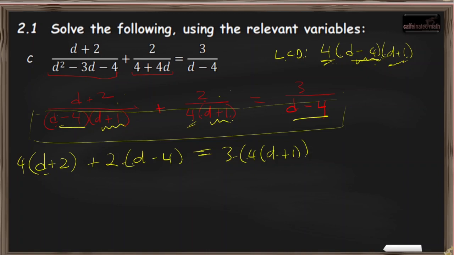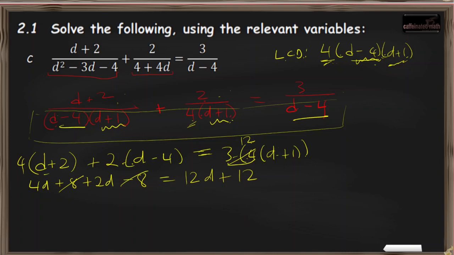Now it's a case of just simplifying, so we'll have 4d plus 8 plus 2d minus 8 all equal to, well, that's just 12. Well, that's 12d plus 12.